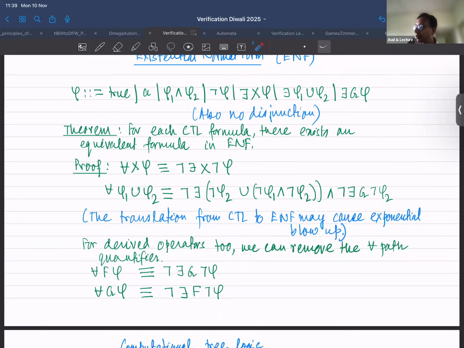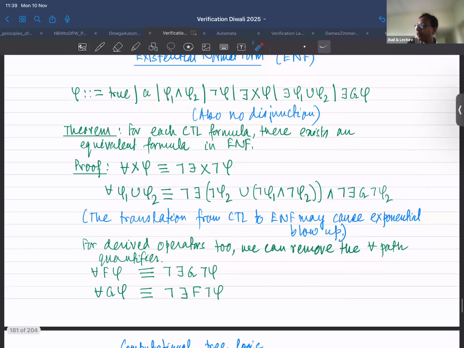Because of this equivalence you see that whenever we are going to get rid of the for all until, we need such an exists G operator. Clear? So that's why we have this exists G.